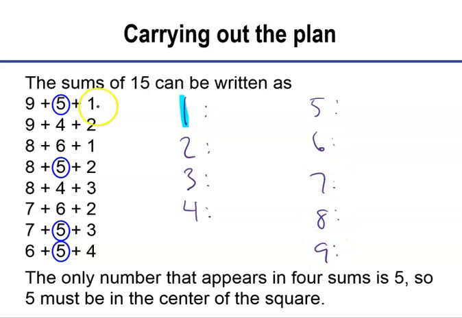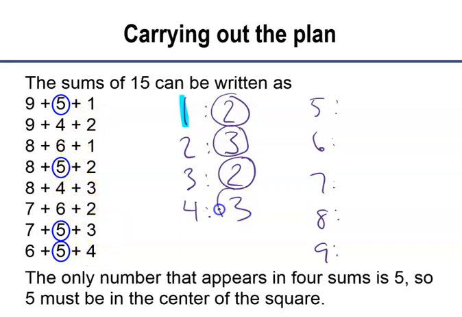So 1. I just see it twice. Don't y'all think? Showed up twice. 2 showed up 1, 2, 3 times. 3 showed up 1, 2 times. How many times does 4 show up? 1, 2, 3 times. 5. How many times did we already establish that, right?